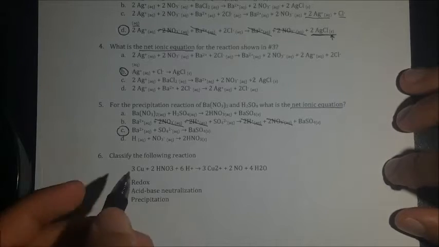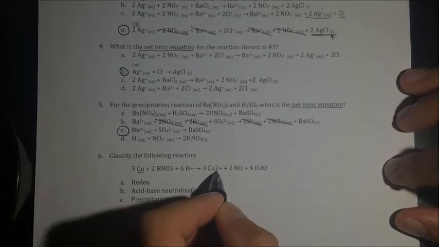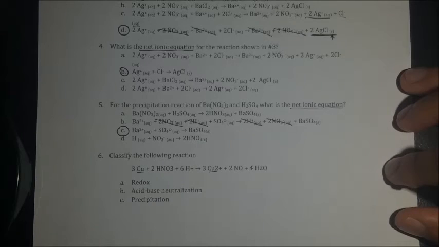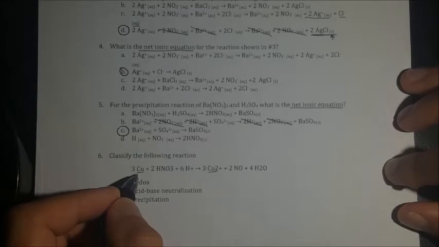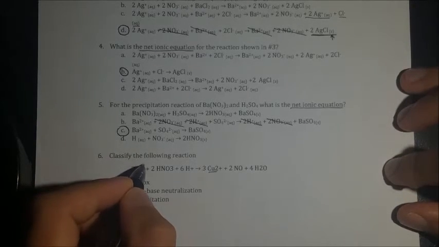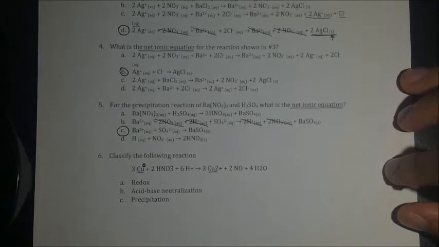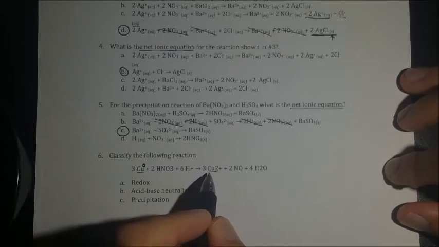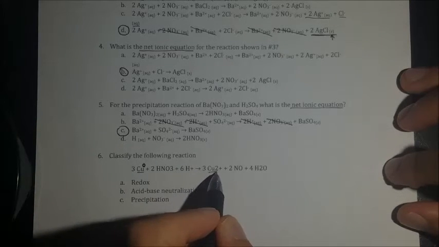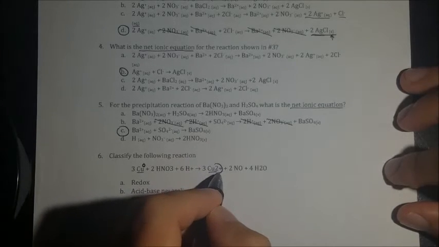So I see a metal here. We've got copper on both sides, and I think that's a good candidate for something that can have a changing oxidation state. So let's take a look at this. Here we start out with elemental copper, that's always going to have 0 charge. And then we come over here to the products, and the copper has obtained a 2+ charge.